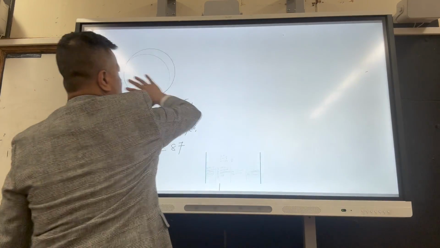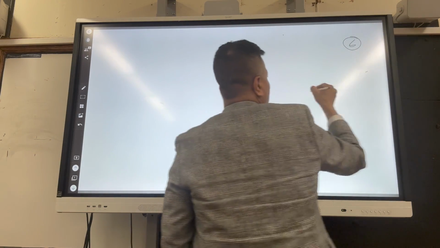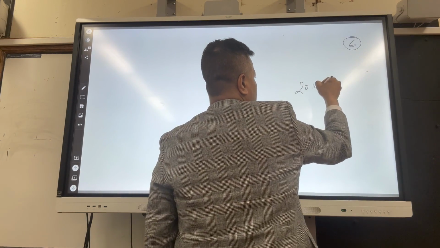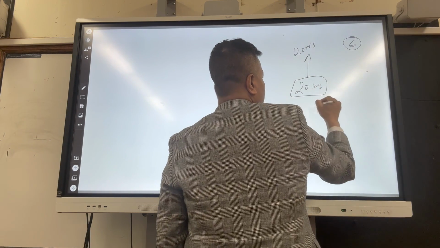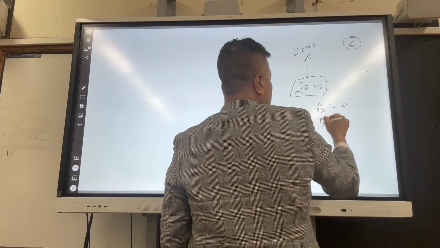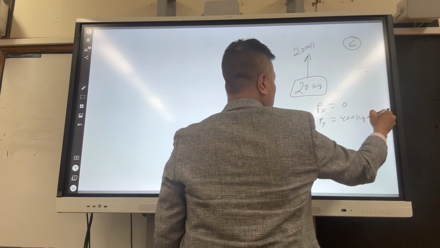So number 6 has to do with a grenade. A 20 kilogram grenade, you throw it at 20 meters per second. So px is 0, py is 400 kilogram meter per second, if you like to write it down.